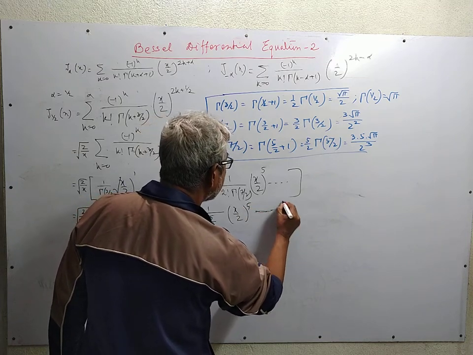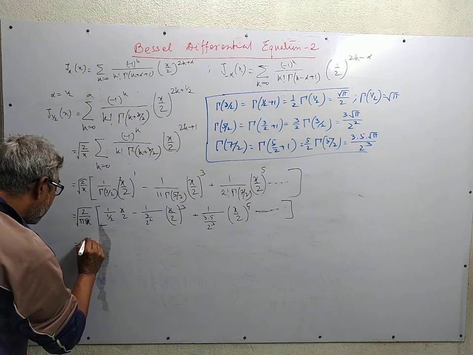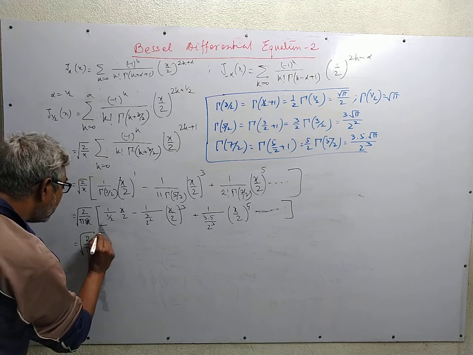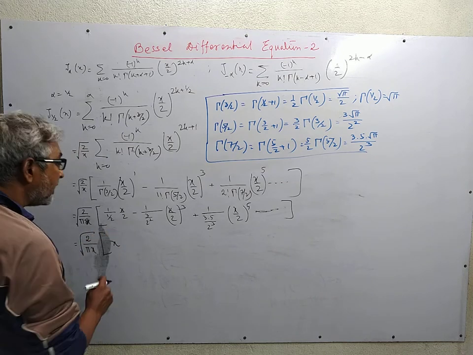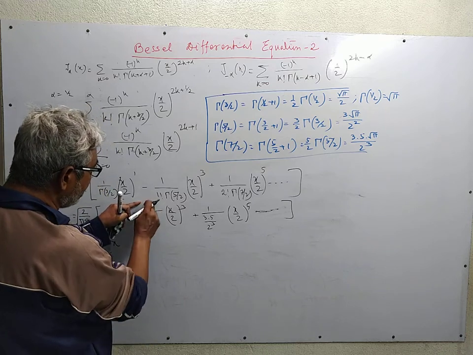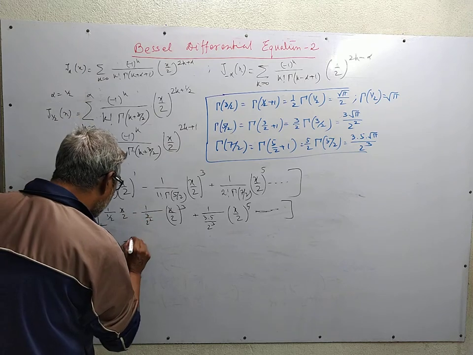And similar terms. We write it 2 upon pi x to the power 2. This is simply x, and this term goes in the numerator 2, and these 2 makes it 6, so it can be coupled to factorial 3.